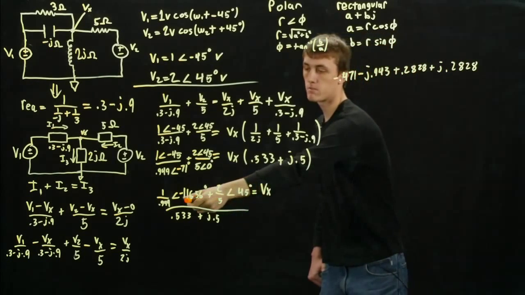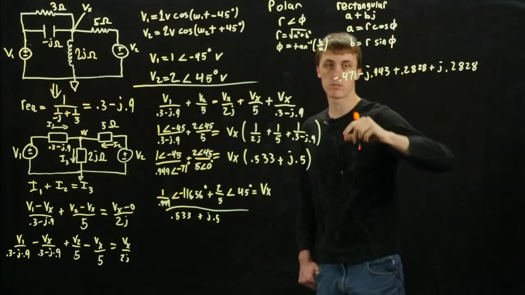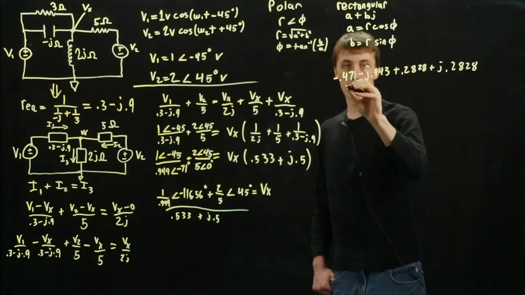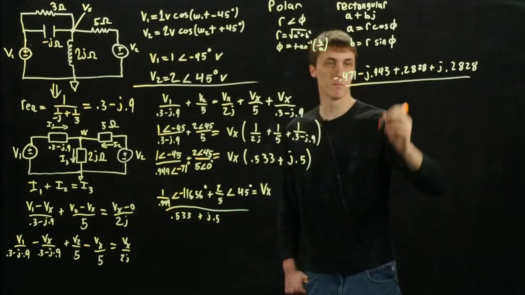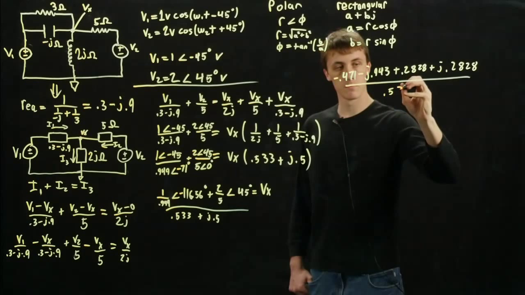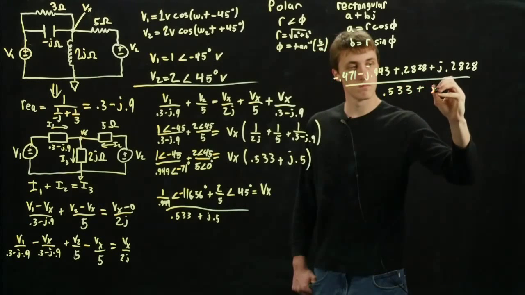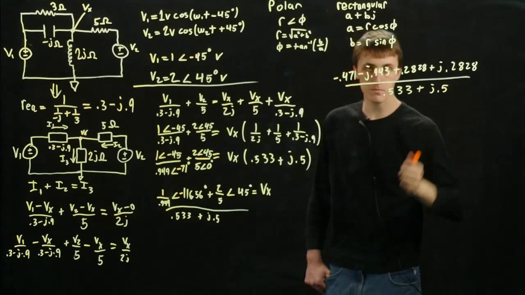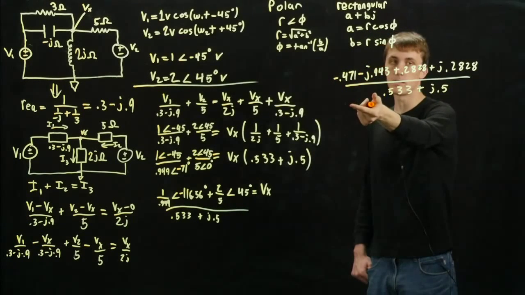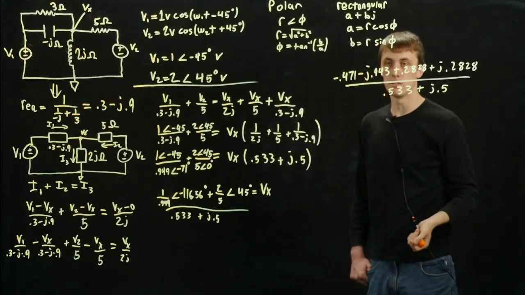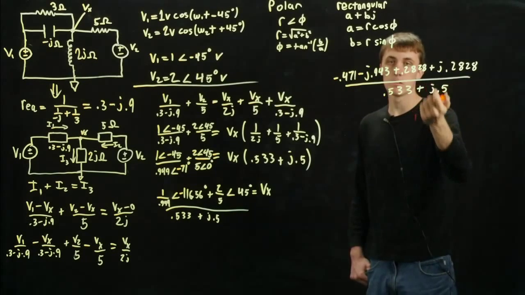That was just converting these and these using those two equations. And then we end up in the bottom just what we had before. And at this point, you can just type this right into your calculator. And as long as you're in that A plus BI mode, you'll end up with the right answer.